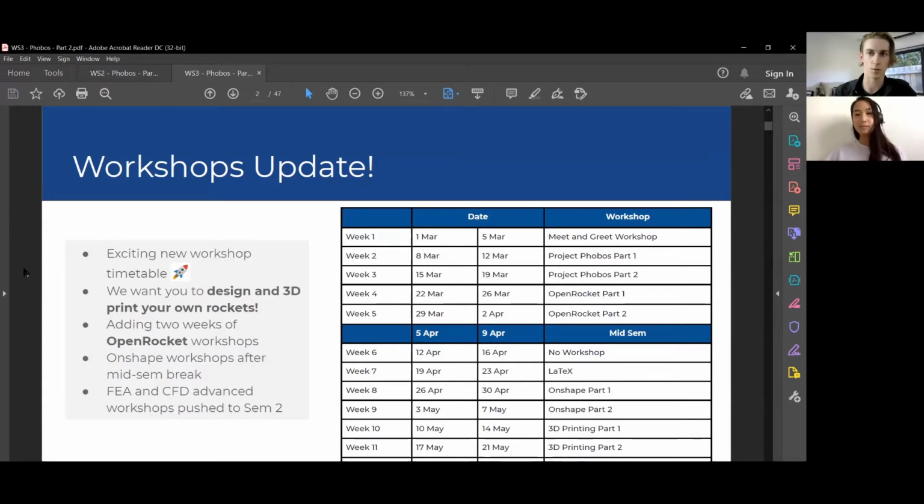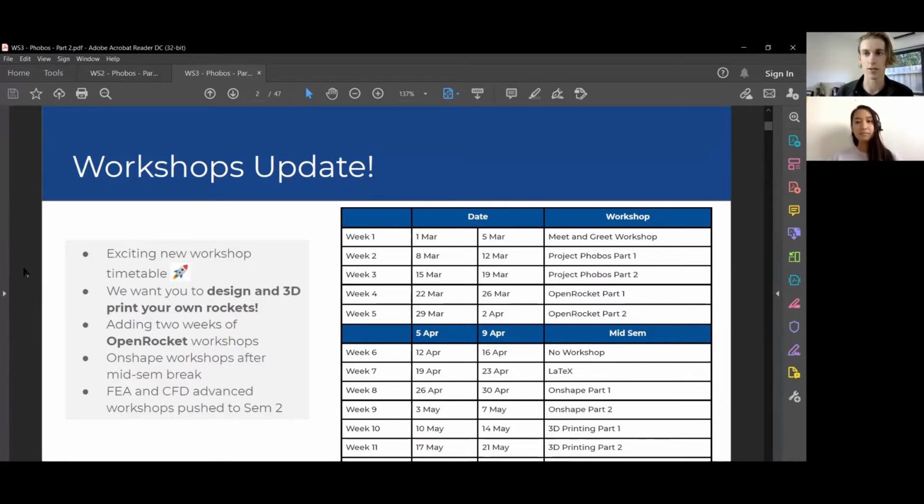First of all, there's an update to the workshops. We've changed the timetable a little bit. We've mixed it up, but I think it's for the better because we're hopefully going to get some of you to design and print your own rockets. It's going to be a bit more practical. To do that, we've added 2 workshops immediately after this one.